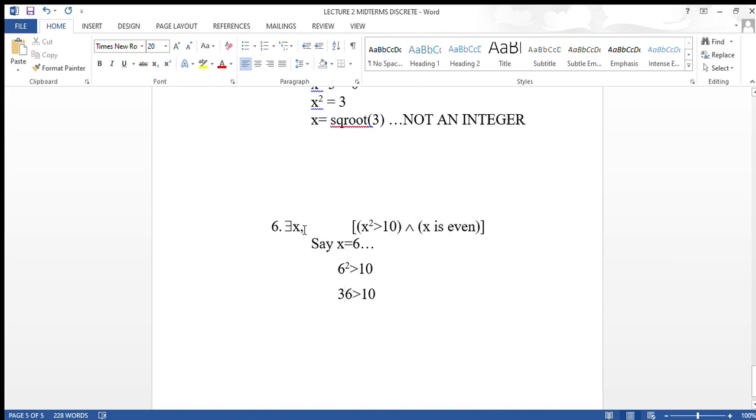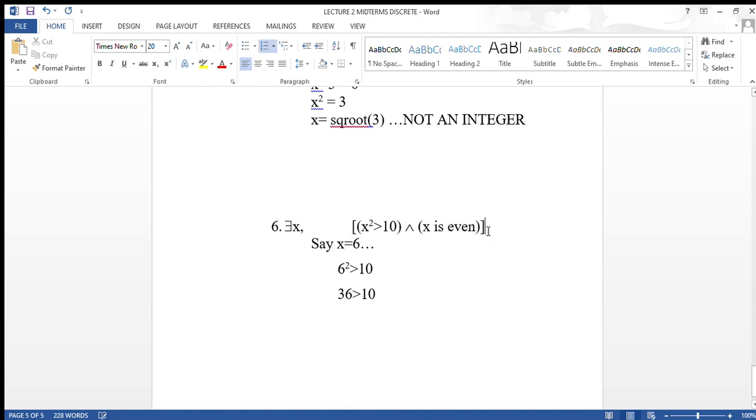And since this is an existential quantifier, we just need one value of x that will satisfy this condition. And we found one. If x is 6, of course, we still have other possible values here. So let's say x is 4. 4 squared is 16. 16 is greater than 10, and 4 is even.